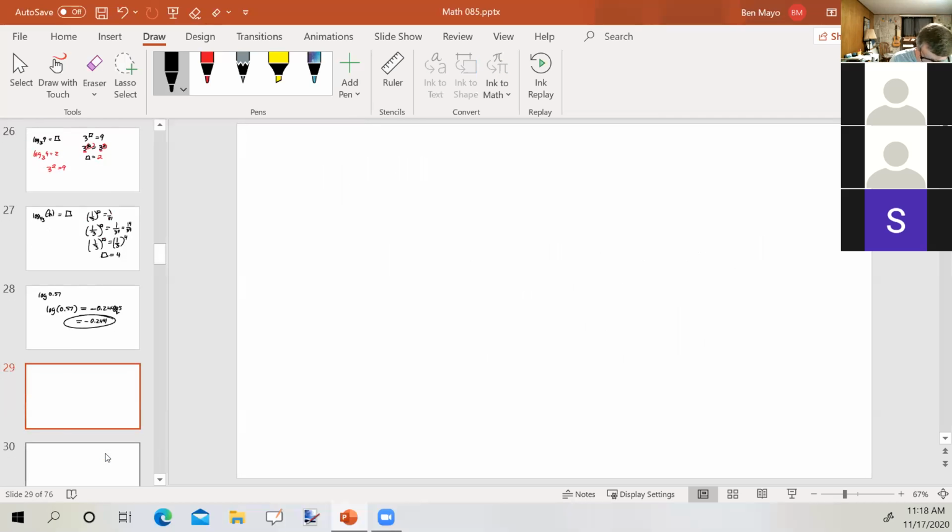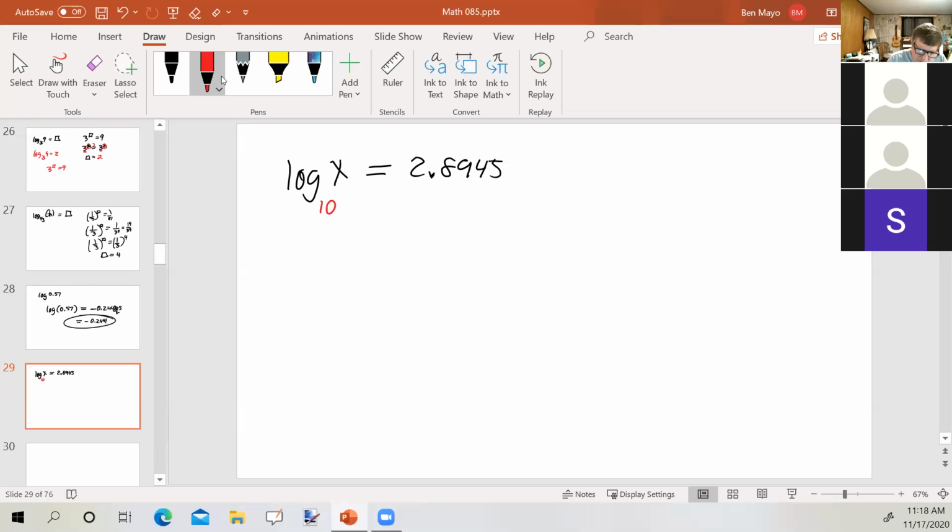All right, one more example. This says log base 10 of x equals 2.8945. Well, I can't put log of x in my calculator, at least not effectively. But isn't this the same thing as log base 10 of x? So I could rewrite this as 10 to the 2.8945 power equals x. So now in my calculator, there's 2 ways I can do this.